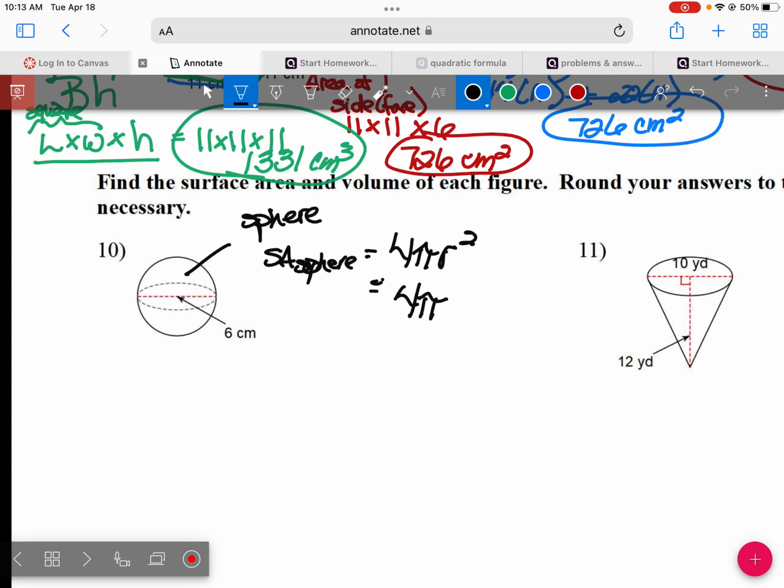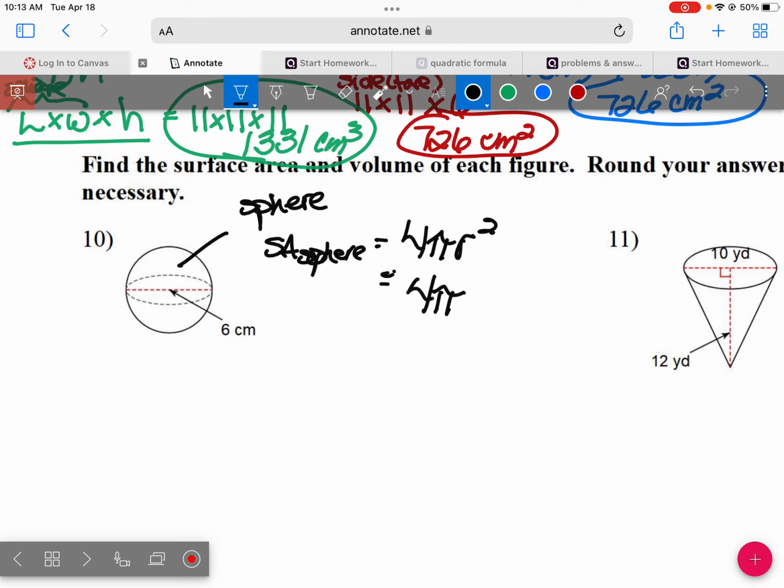And I still have people that are having difficulty knowing what the radius is. They gave us this 6 in this picture. Is that the radius or the diameter? That's the diameter. The radius is going to be that divided by 2, or half of it. So the radius is 3. 6 divided by 2 is 3.